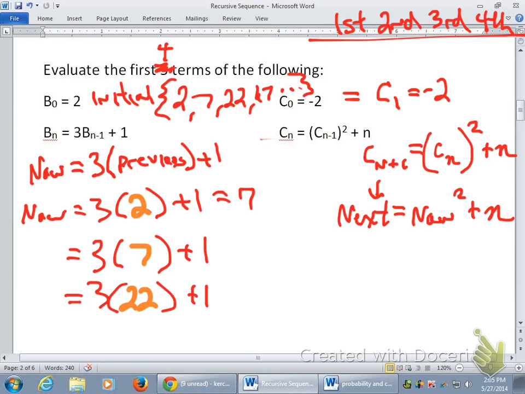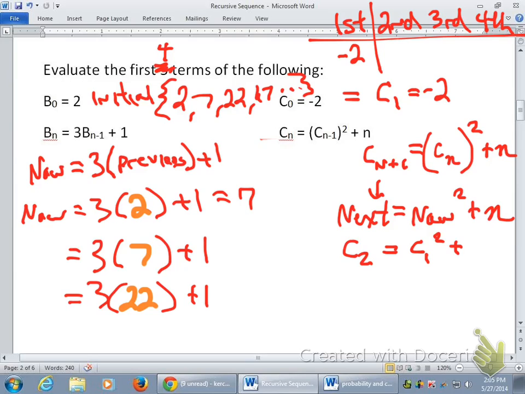What is my first term on this one? It is -2, so that one was given to me. Now to find the next term, so this represents C sub 1, right? So n plus 1 would be 1 plus 1. That would be C sub 2, right? So C sub 2 is the next term. That's going to be C sub 1 squared plus, what am I going to add?